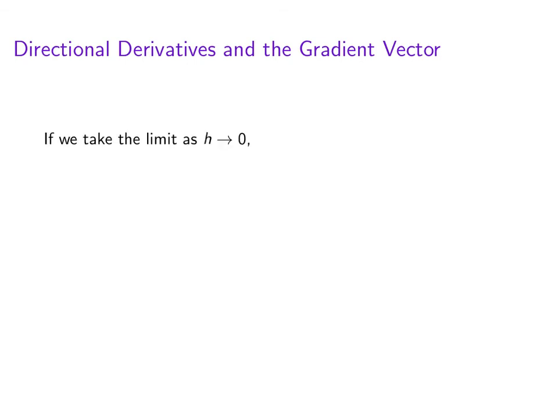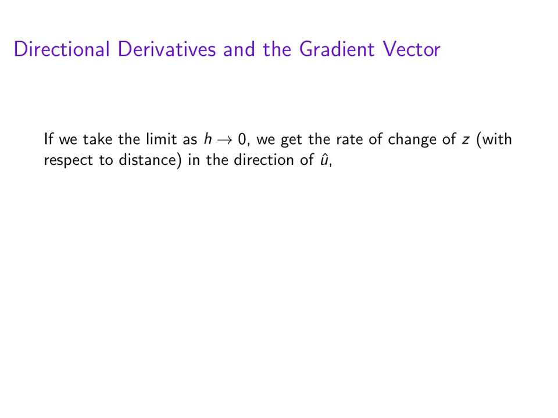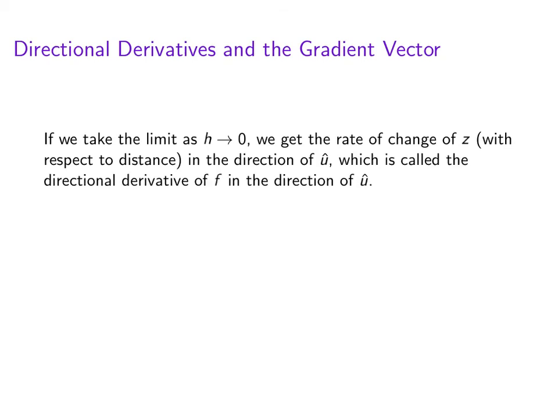Let's take a limit of this as h goes to 0. And what we get now is the rate of change of z with respect to distance in the direction of u. And that's called the directional derivative of f in the direction of u.